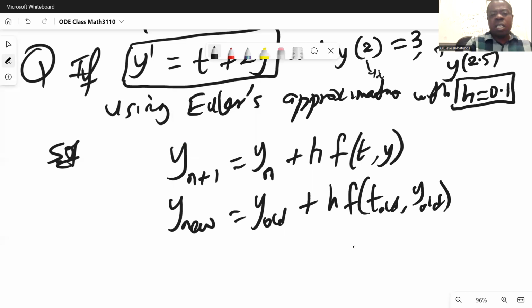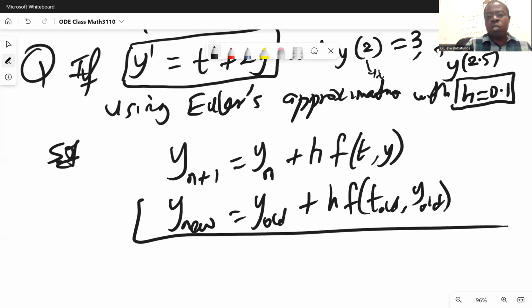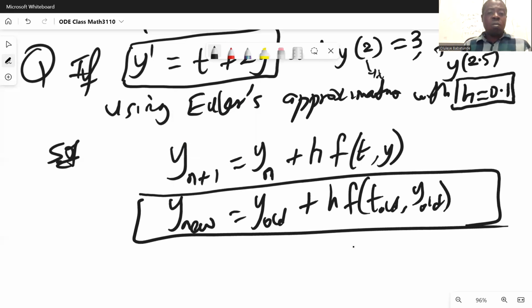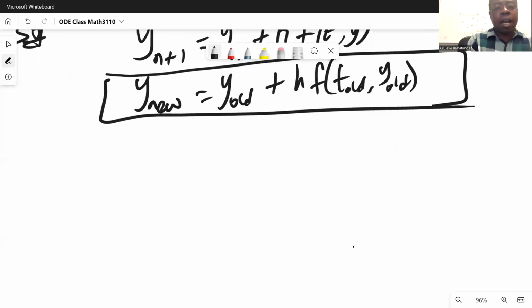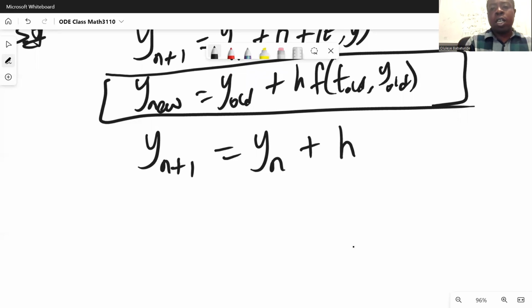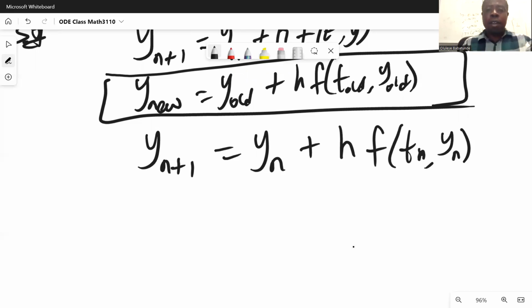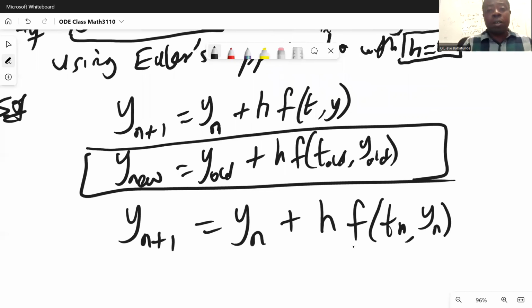I'm just using this to explain. So I rewrite this back: y n plus 1 equals y n plus h f of t n, y n. So you can use t and y n in place of this.